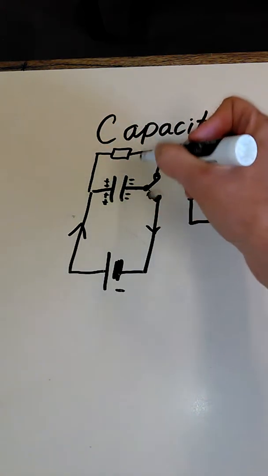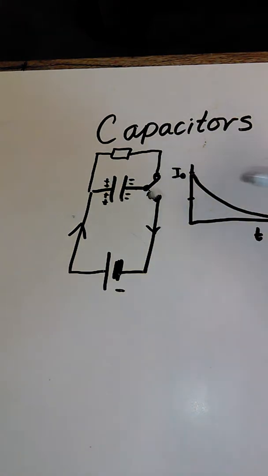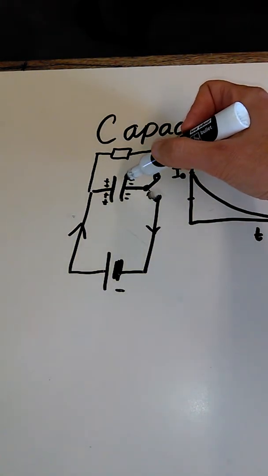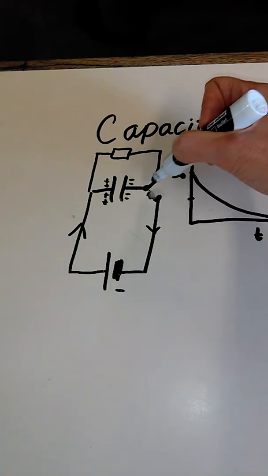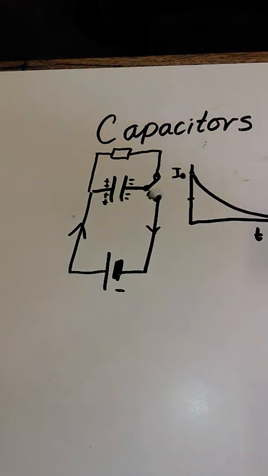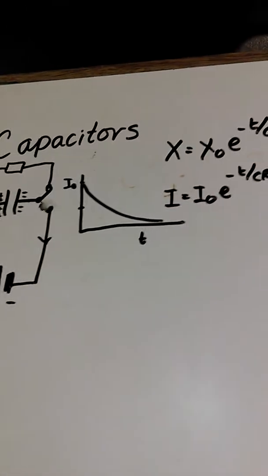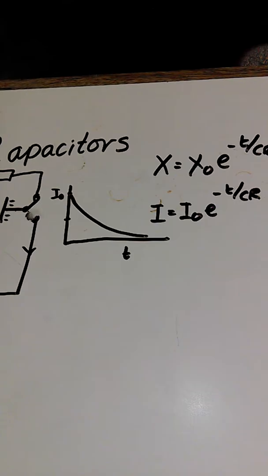And then this current's going to discharge in a similar way. So the electrons are going to be repelled strongest first of all, so you're going to have most going first of all, and it getting less and less. So we're going to have the same decay curve for current, whether it's charging or discharging.